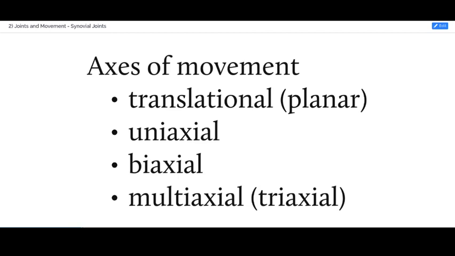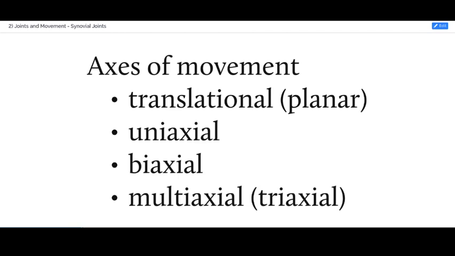And we have here 4 different subtypes based on axes of movement. Basically, it represents 0, 1, 2, or 3 axes. And by 0 axes, what I mean is a translational movement is when 2 flat surfaces, two-dimensional planes, move relative to each other. That's not an axis of movement, that's a plane of movement.